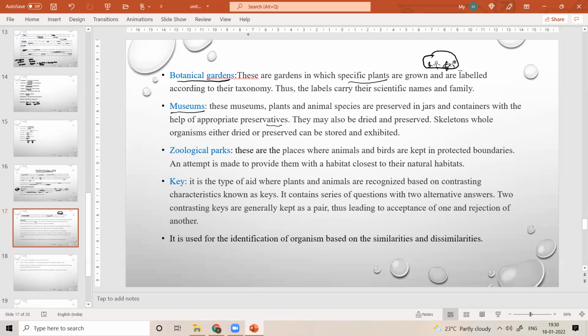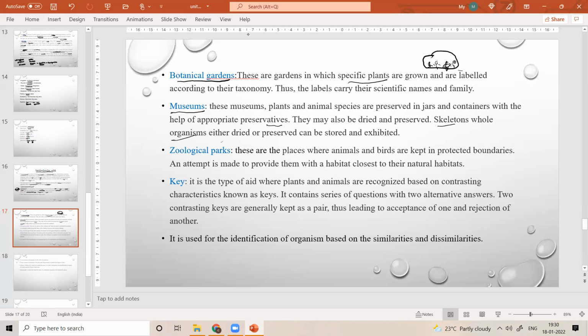They may also be dried and preserved. Some museums also contain dried samples, for example, skeletons and whole organisms. Whole organisms are also available in museums, either dried or preserved, stored and exhibited.